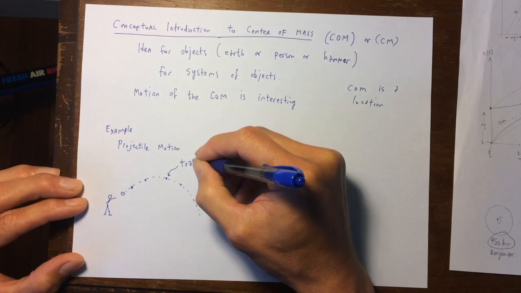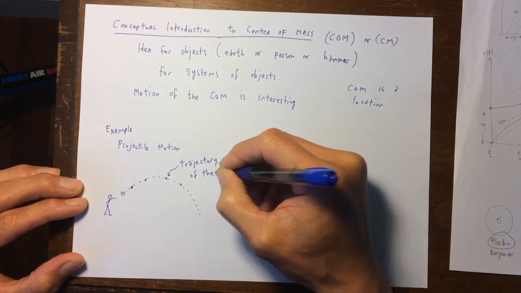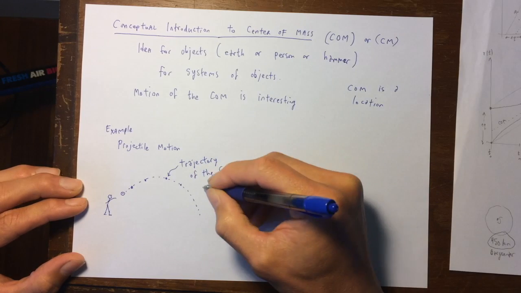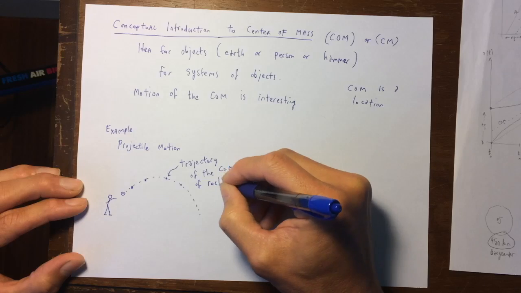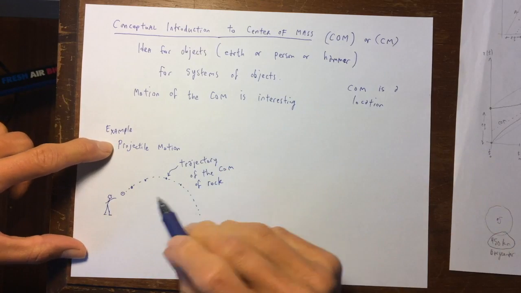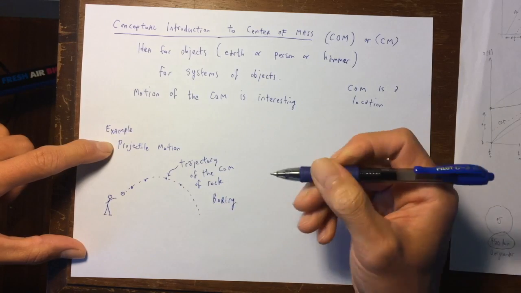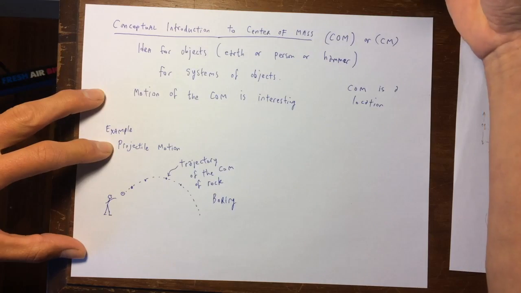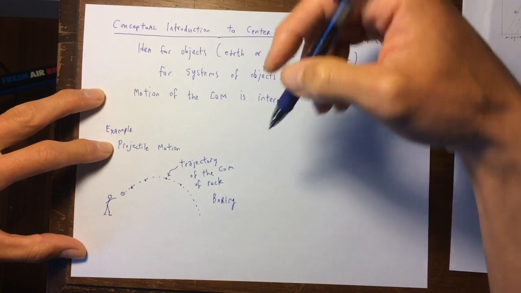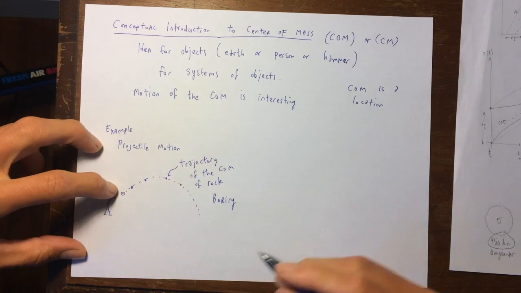This is the trajectory of the center of mass of the little rock. But honestly, this is boring. It gets more interesting if the object itself isn't so boring in shape.